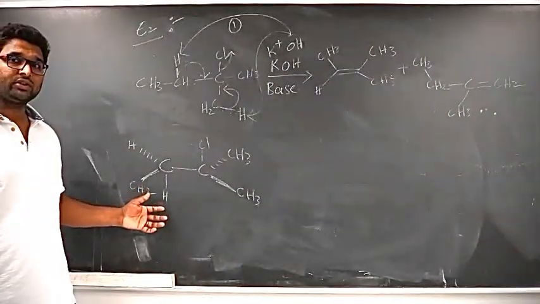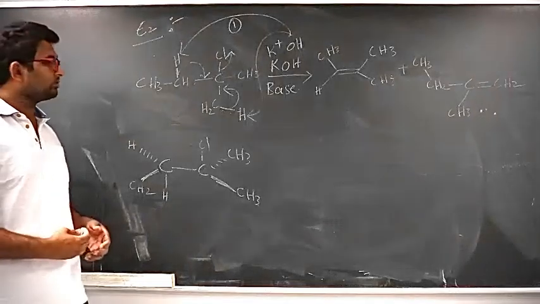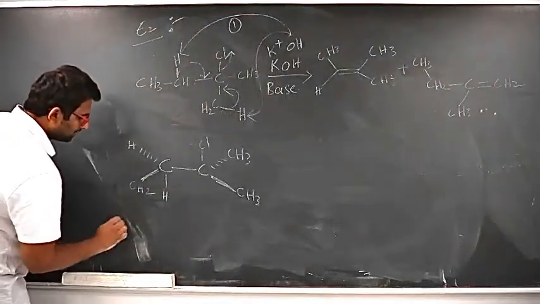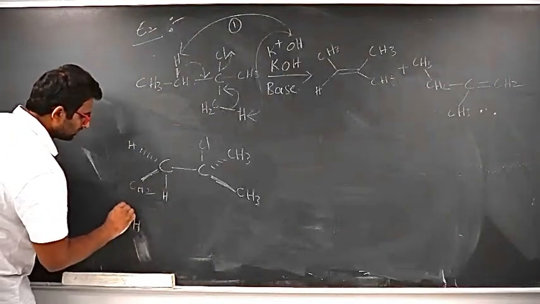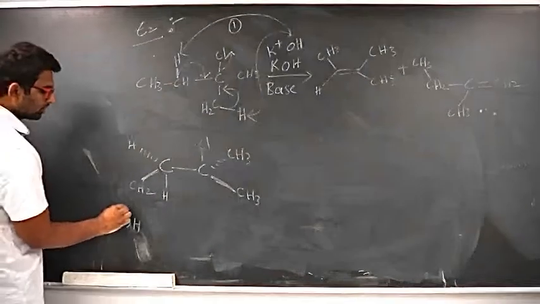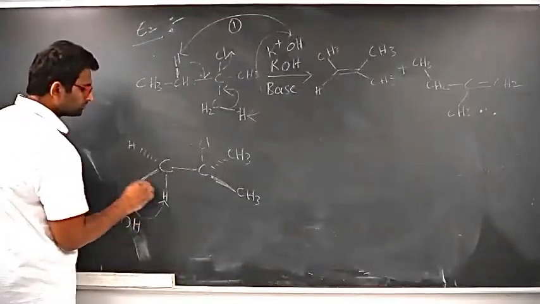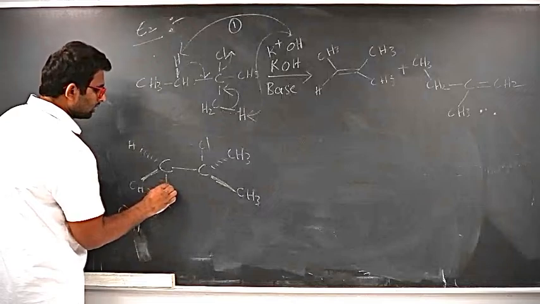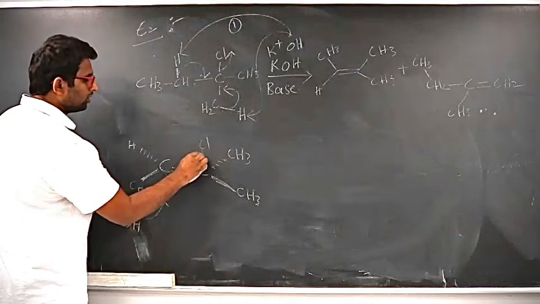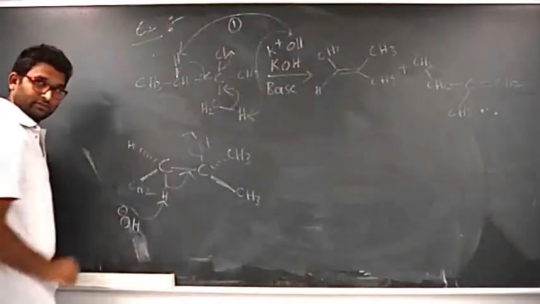I rewrite the structure here just to see the stereochemistry. Now, when the base comes in here, it takes the hydrogen and the bond forms a double bond, and the leaving group leaves.